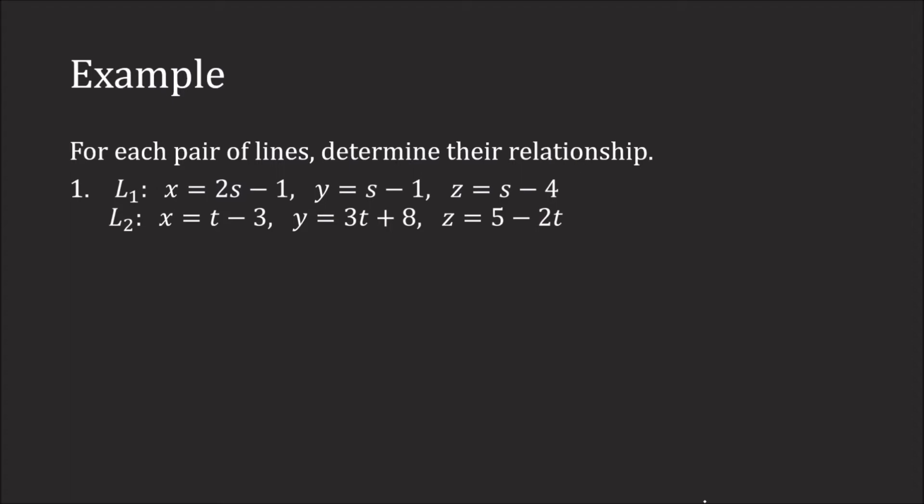Well, line 1 has the direction vector (2, 1, 1). Line 2 has the direction vector (1, 3, -2). Well, notice that these vectors are not parallel.